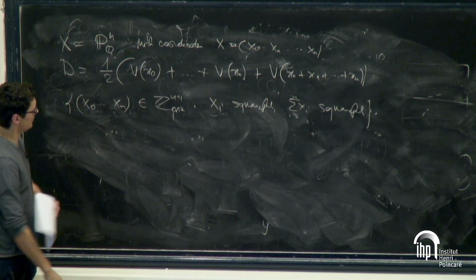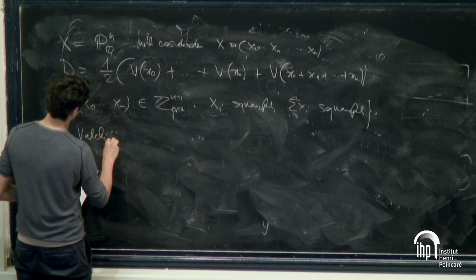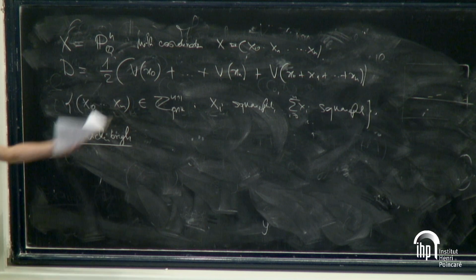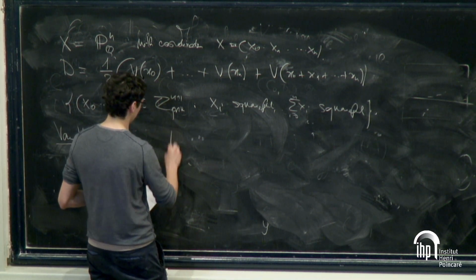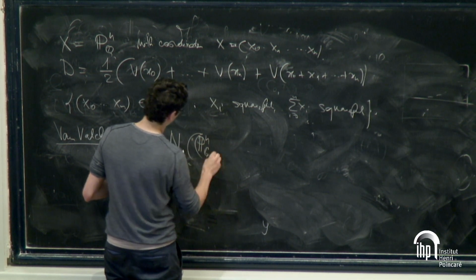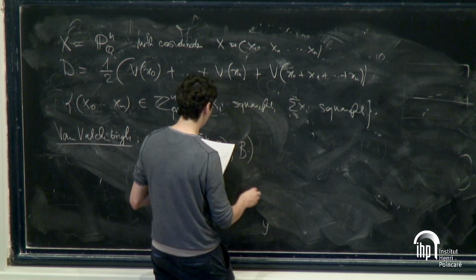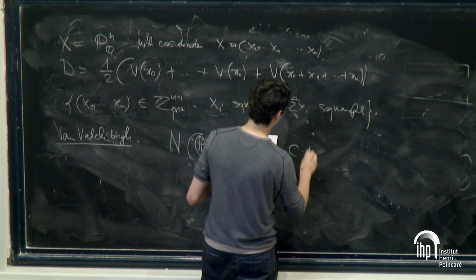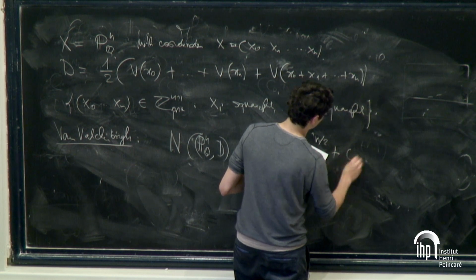Okay. So Van Valkenborg, some 10 years ago, studied points of bounded height on this object, and he proved that the number of points of bounded height, height bounded by b, is roughly c times b to the power n over 2 plus some error term.